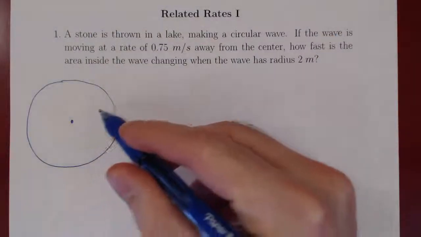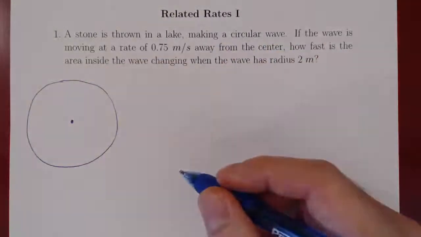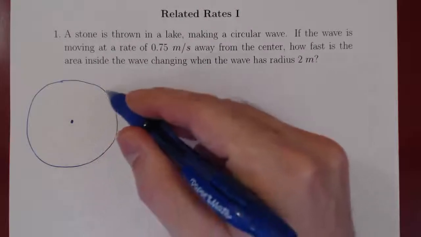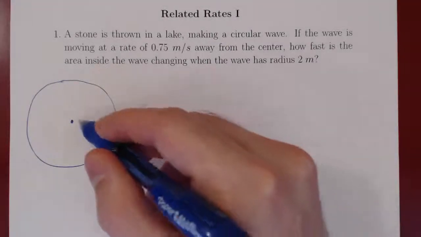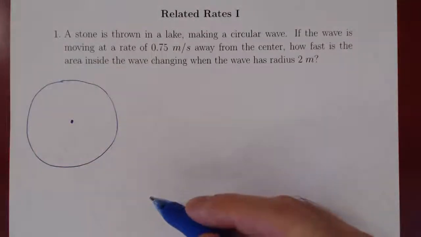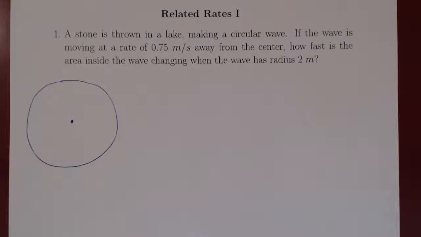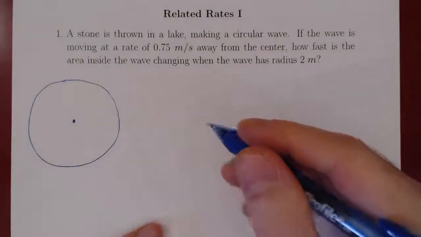As time goes on, the wave gets bigger and bigger. So two things are changing here. If we only consider the initial wave, the bigger one, its radius gets bigger and bigger as time goes on, so the radius of our circle is changing.